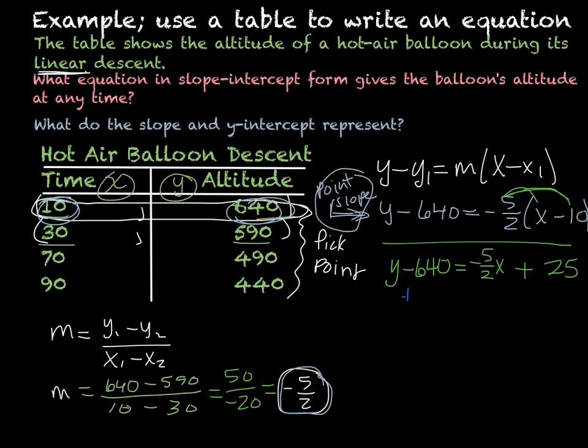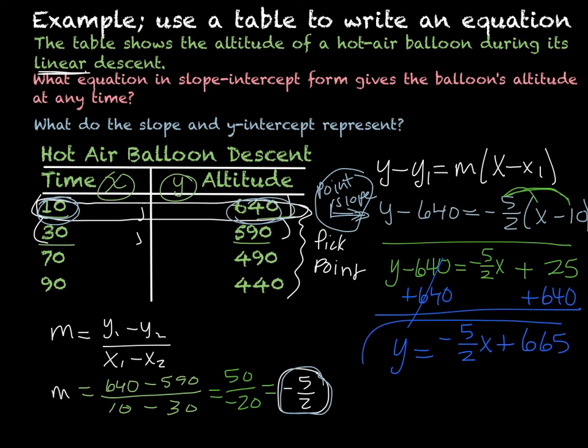So my last step, add 640 to both sides, giving me y equals negative 5 over 2 x plus 665. So that is slope-intercept form. So make sure you're careful on what I'm asking you to give me, slope-intercept form or point-slope form. Okay, they are different.